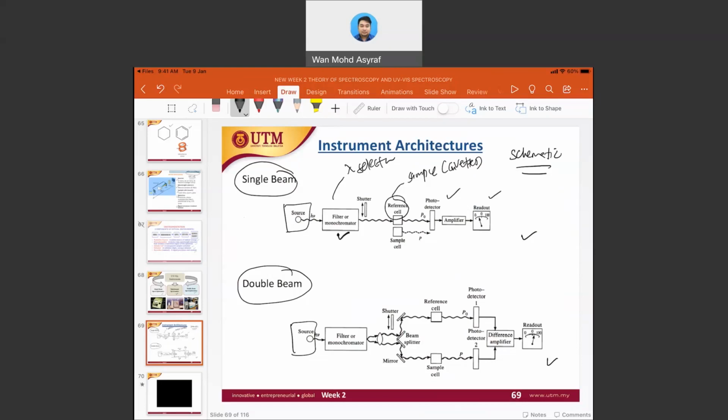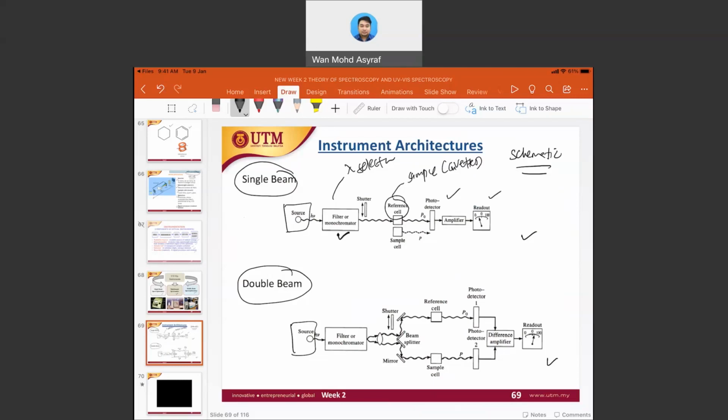Okay, so basically, for a single beam, you need to do your reference cell as well as your sample cell at a different time. So basically, you need to do your reference cell first, which is the measurement of a reference cell for you to know the background noise, the background of the instrument. So then, whenever you put your sample cell in, that sample cell spectrum is deducted by the reference cell spectrum, then you will get the corrected sample spectrum.